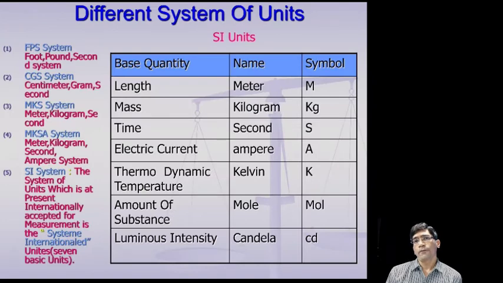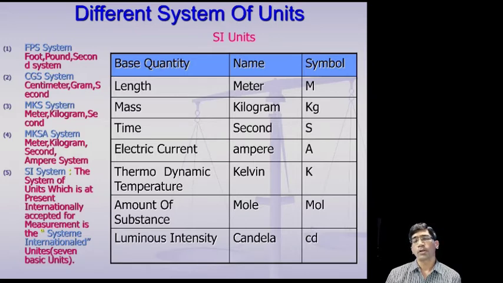Now, different systems of units. See, for any quantity, the unit can be expressed in terms of some system. So there are different systems of units. First of all, the first system is known as the FPS system, foot, pound, second. It is the British system.